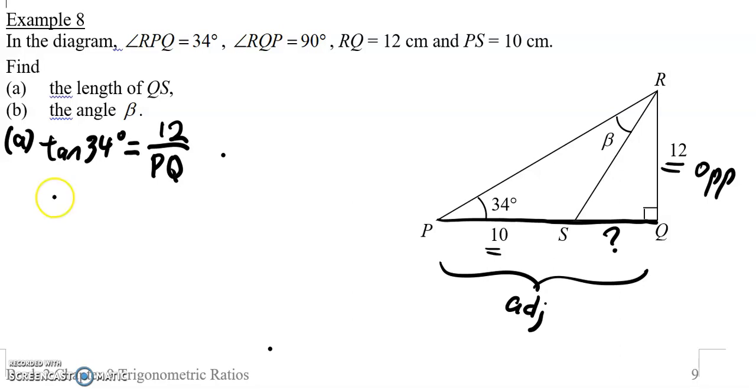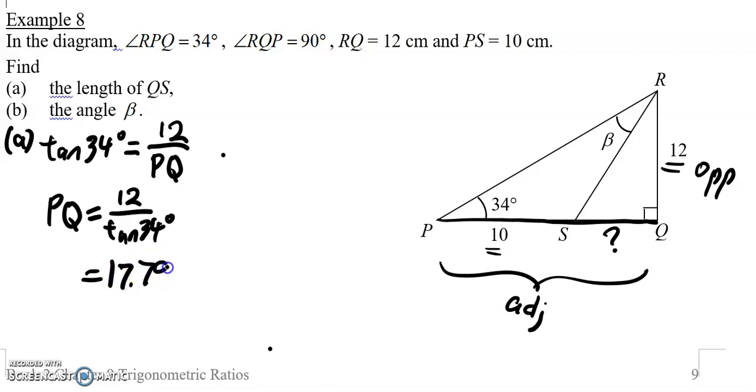So from here, PQ is actually equivalent to 12 divided by tangent 34 degrees. Equating this, what I actually find is 17.790 cm.